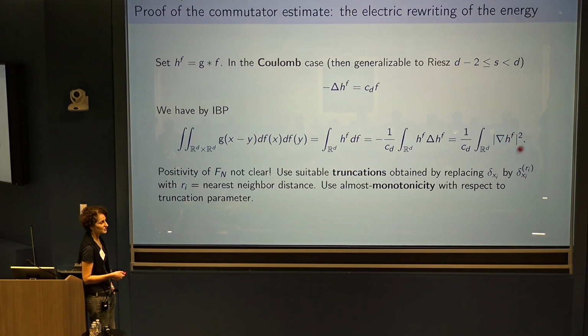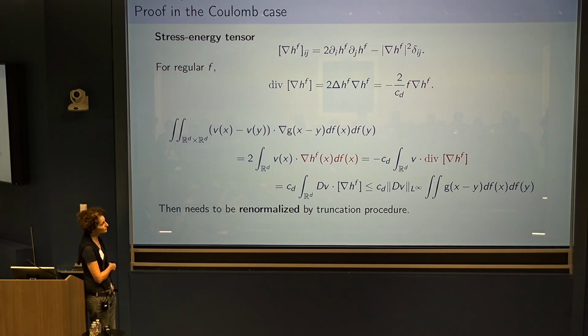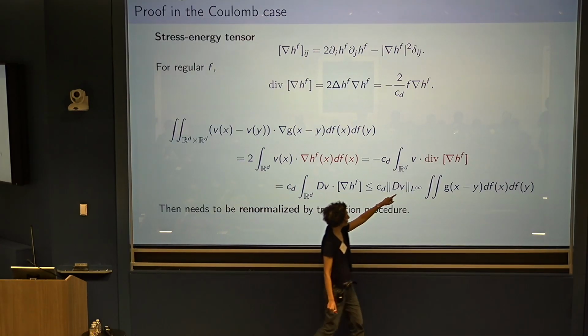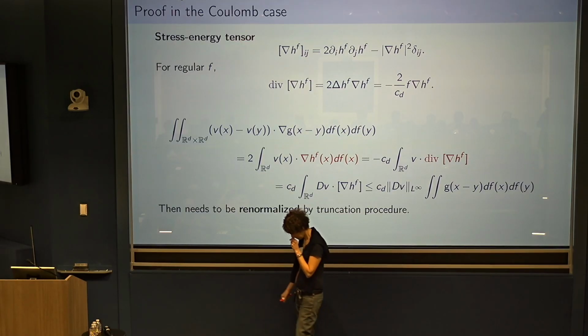So it's the Dirichlet energy of the electric potential. And so with that, you get some mileage. And so I have here in one slide the proof of the commutator estimate if you didn't have Diracs. So if you didn't have this problem that you have to renormalize, remove singularities, in one page using this electric formulation, you can see that you have this particular structure that comes out, the stress tensor structure. You can rebound.